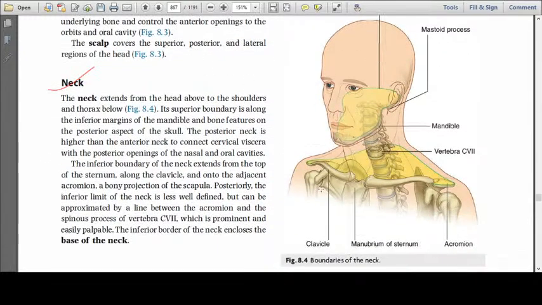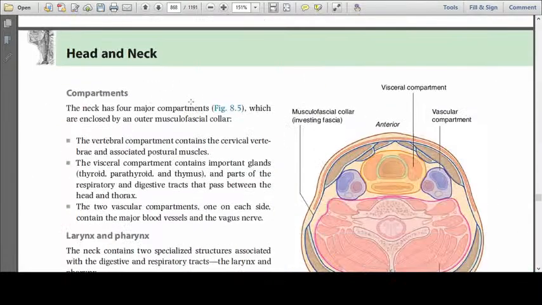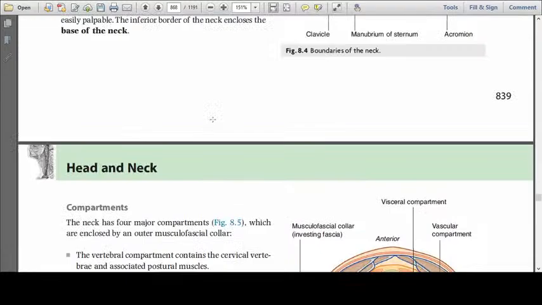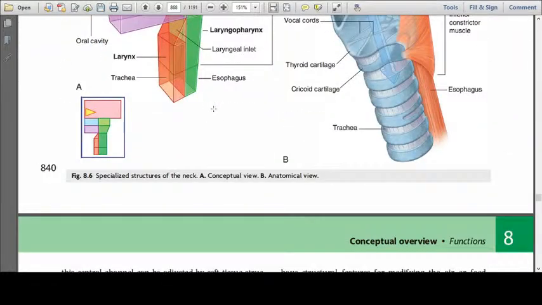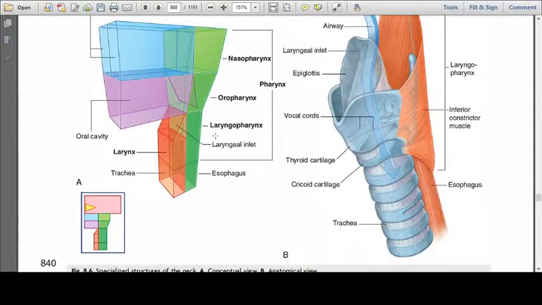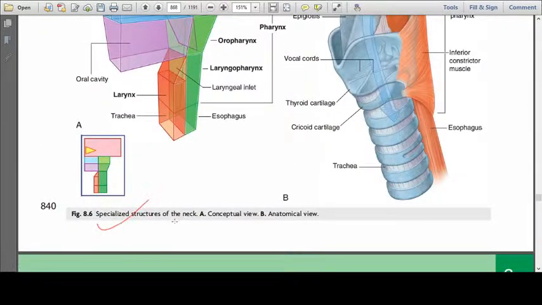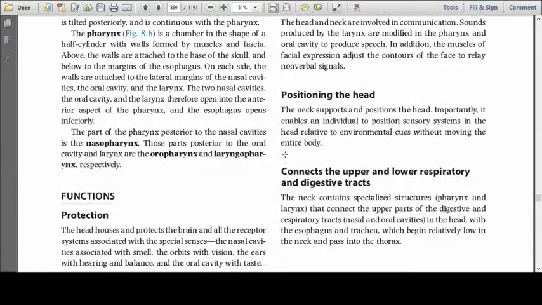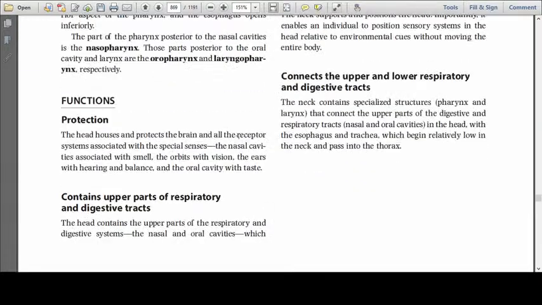And right here it shows the bones that are found in the neck region, head and neck. This is a very good, well shown figure. I'm going to study specialized structures of the neck, functions, protections.